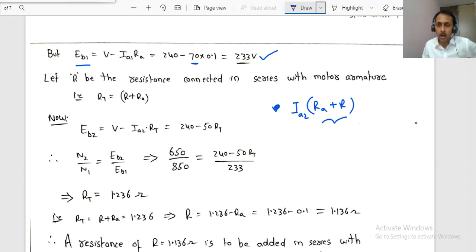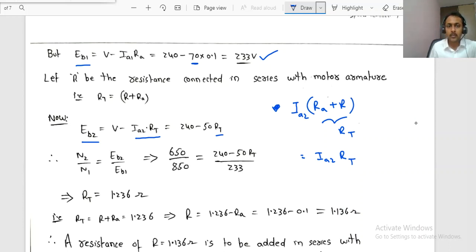Now RA plus R together you can call RT. So this value will be IA2, the new armature current, into RT. That will give your new induced back EMF EB2, V minus IA2 RT. We don't know how much this RT value is. We are supposed to find that out.